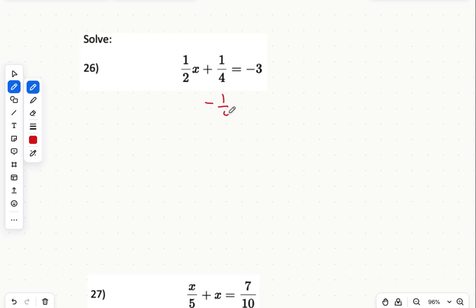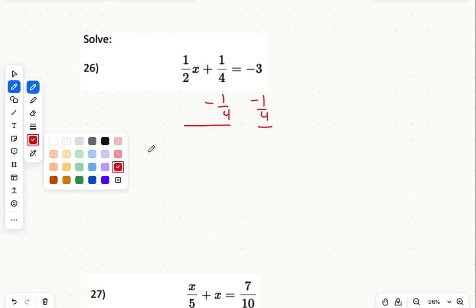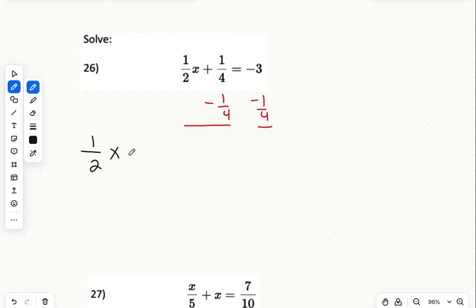So I could go 1 minus 1/4 on both sides of this equation. And then that would get me, over here I'll have 1/2 x equals negative 3 minus 1/4.